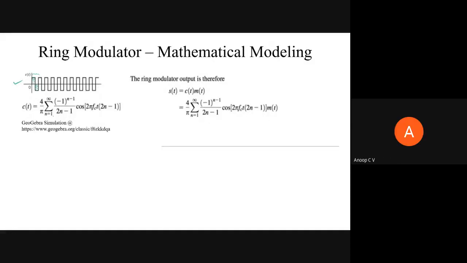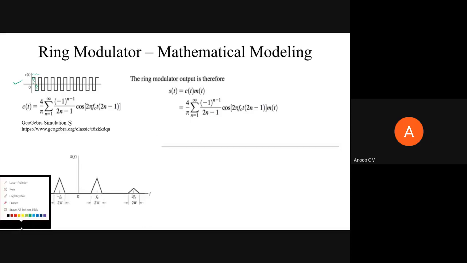Okay, fine. Now I want you to substitute the values of n. When n equal to 1, what happens? For n equal to 1, what will be the c of t? I'll write it here. It will be equal to 4 by pi. When n equal to 1, can anyone tell me what is the term?